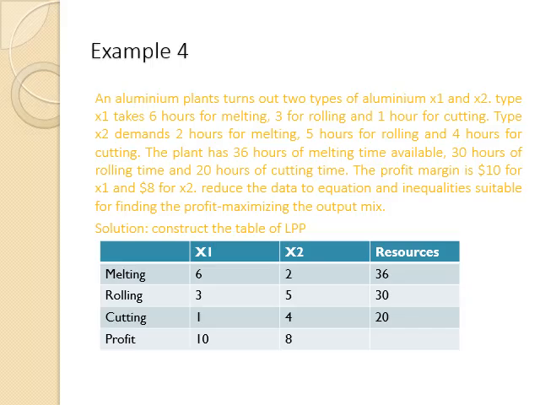So, as we mentioned, let me repeat again. $10 is the coefficient of x1, which indicates the profit of 1 unit of x1. $8 is the coefficient of x2, which indicates the profit of 1 unit of x2.